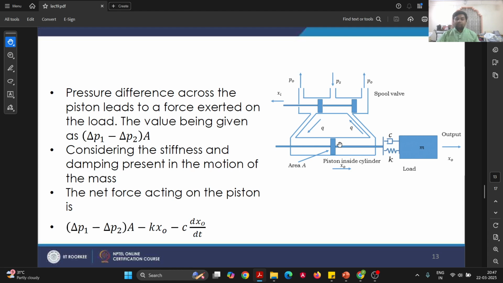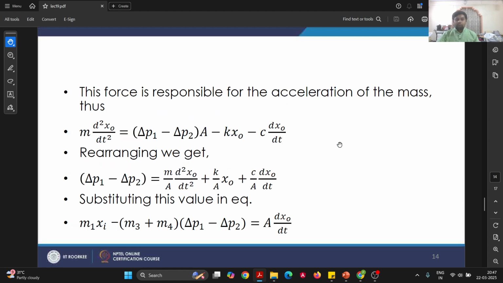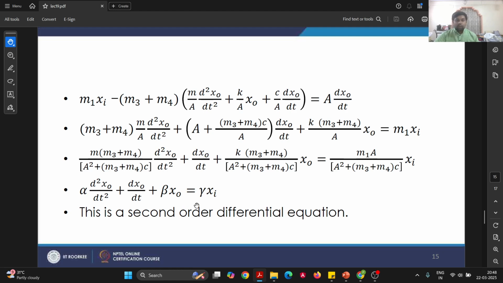For this load, if we derive the equation of motion, that will be a second order differential equation. In this we get an expression for the pressure change in terms of the movement of the mass or the load. Now if we substitute this expression for delta p1 minus delta p2 in the original differential equation which we just derived, we get a second order differential equation which has these coefficients alpha, beta and gamma, etc. So we can see that this is a second order differential equation for this hydraulic servo motor system.